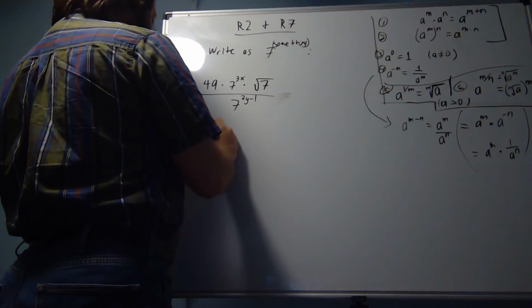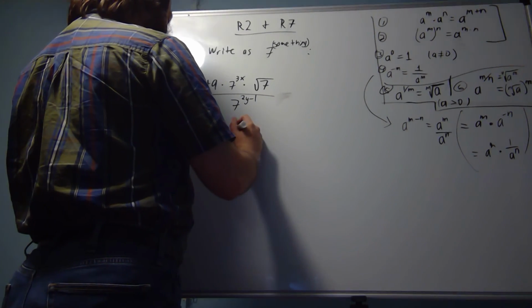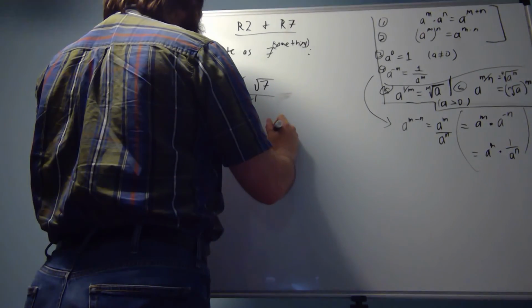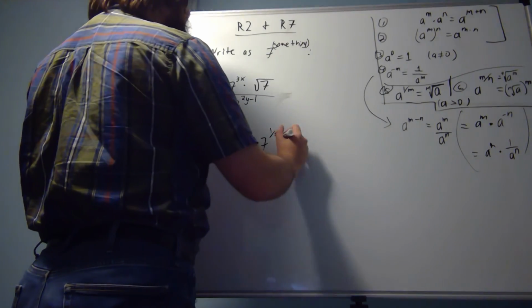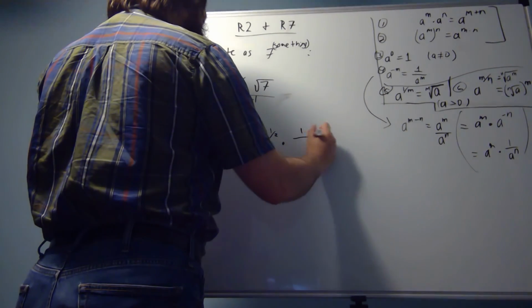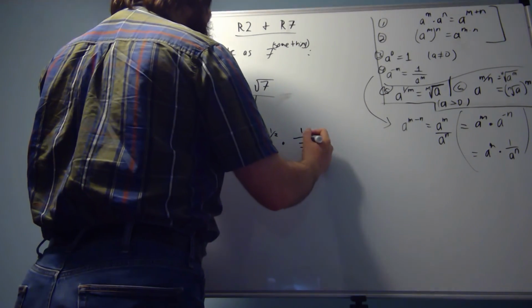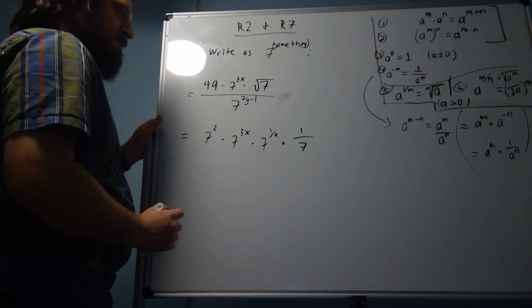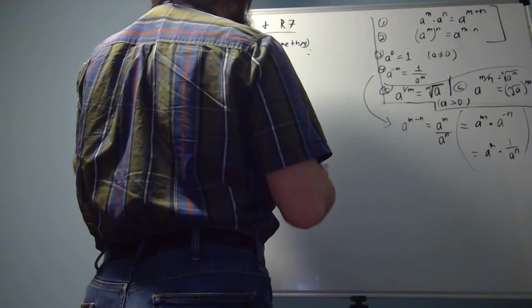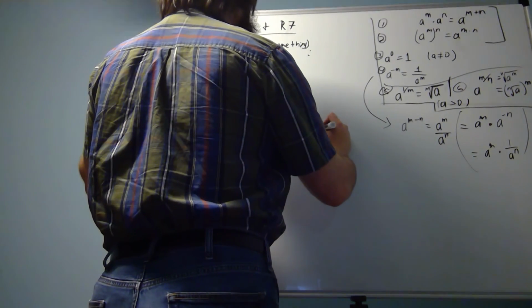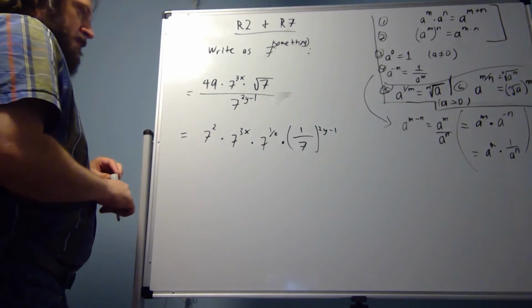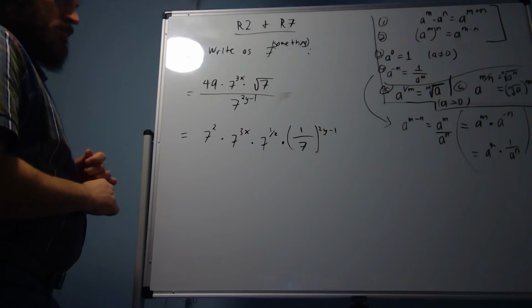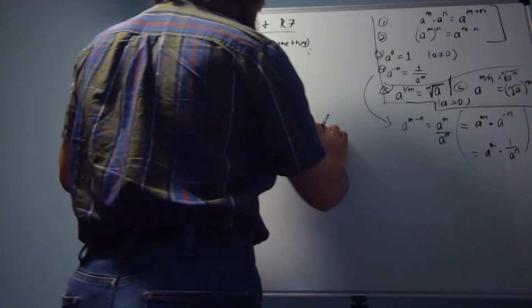So that's 7 squared times 7 to the 3x times 7 to the 1/2, and we've got, yeah, I'll write it this way.